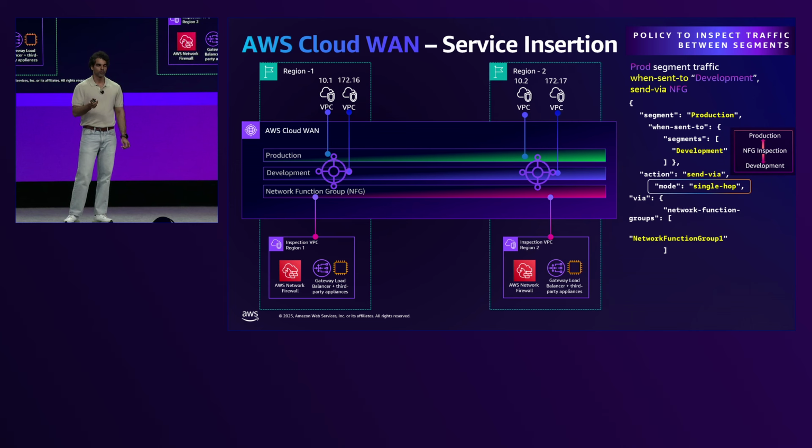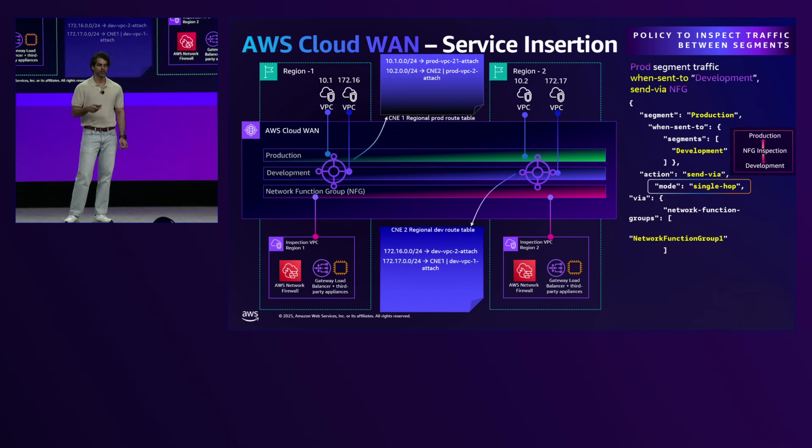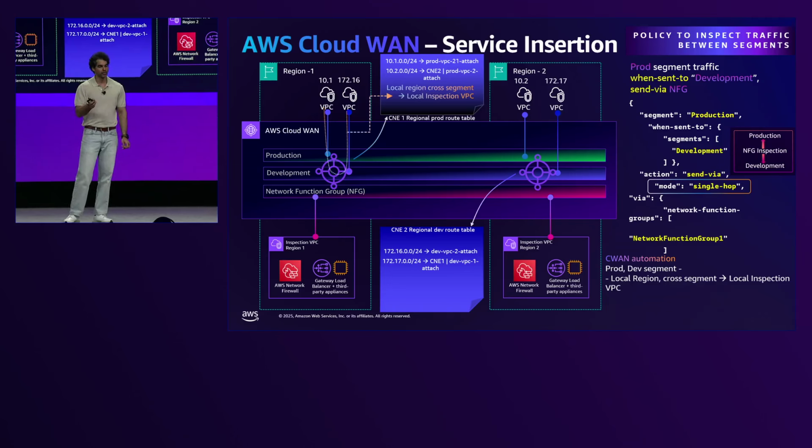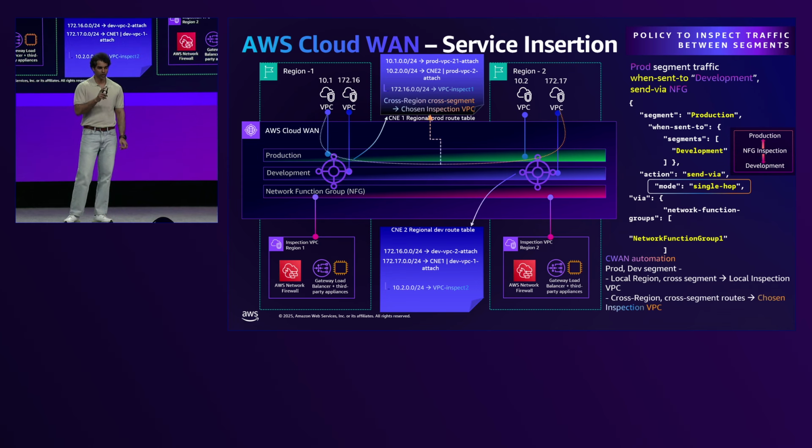Now, when you change the mode from dual hop to single hop, the automation behind the scenes changes. So now the automation says, in the prod and dev segment, local region, cross-segment route, send it to local inspection VPC, right? So that gets populated in both the routes. But cross-region, cross-segment routes, send it to a chosen inspection VPC.